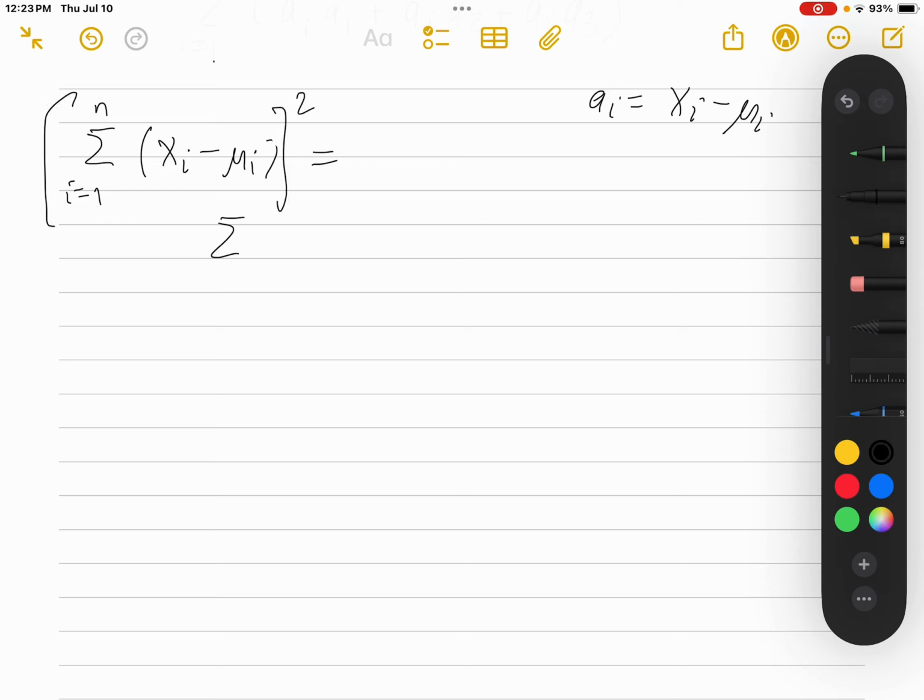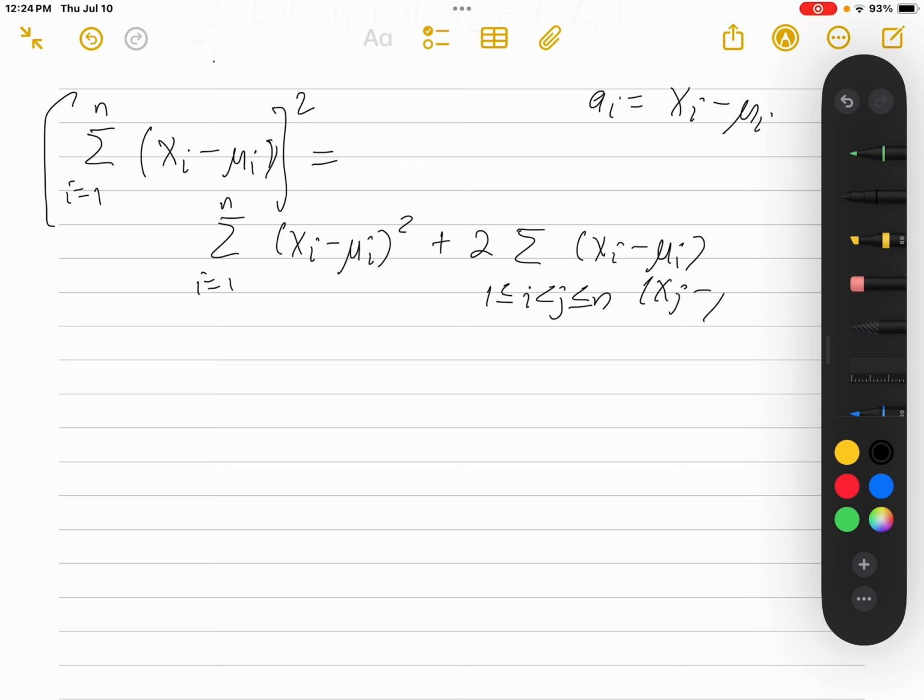I'm squaring this, right? So this is what I get when I have that, and then if you use the formula we found, this is going to be the sum from i equals 1 to n of xi minus mu i squared plus 2 times the sum over i less than j, with i and j from 1 to n, of xi minus mu i times xj minus mu j. That's literally just from taking what we get with the ai equal to xi minus mu i.